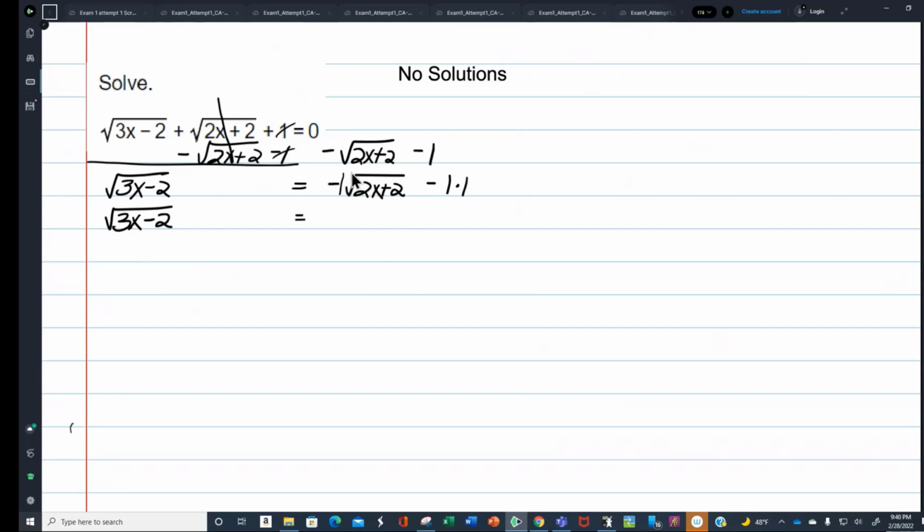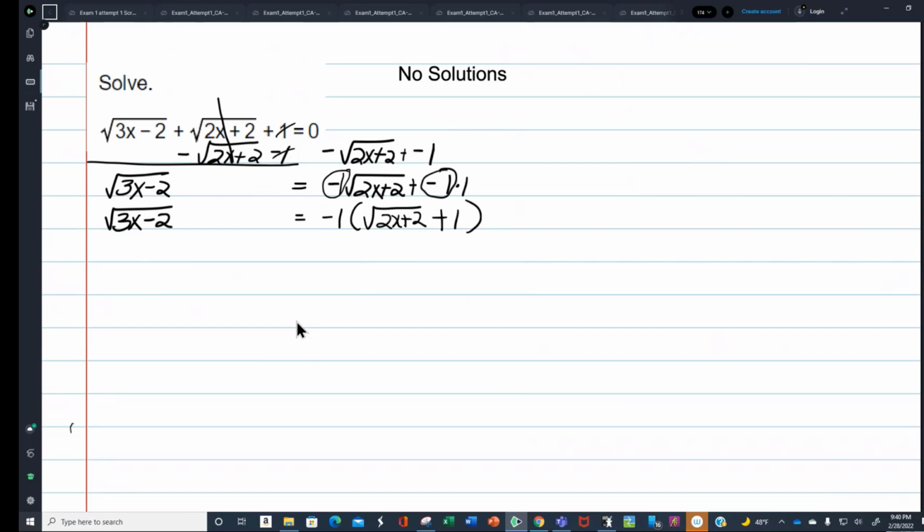Okay, so if I pull out the negative 1 as a GCF, in fact, let me put a plus sign right here, that's plus a negative 1, which is the same thing as minus 1. That allows me to more safely pull out a negative 1 and then have the square root of 2x plus 2 plus 1 in parentheses.